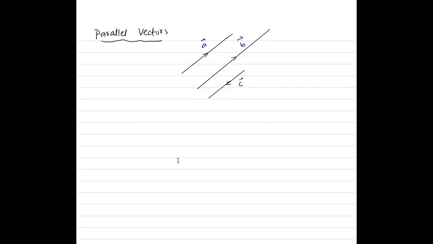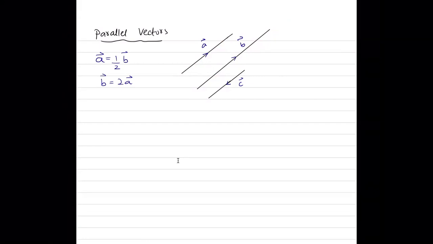So if the length of this line is half of this line, or you can say if the vector B line is twice of vector A, then you are going to say that vector A is half of vector B, or vector B is twice of vector A. They are parallel vectors.